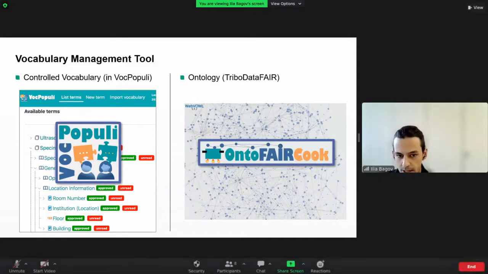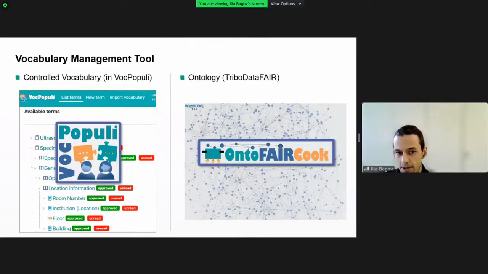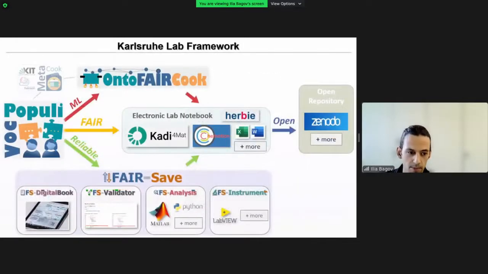Now, the interesting thing is that controlled vocabularies can actually be converted into ontologies in a semi-supervised fashion, but the prerequisite for this is that the vocabularies themselves have been developed according to some best practices in the domain. Now, moving on, and maybe just again as a quick overview, this is the Karlsruhe lab framework.